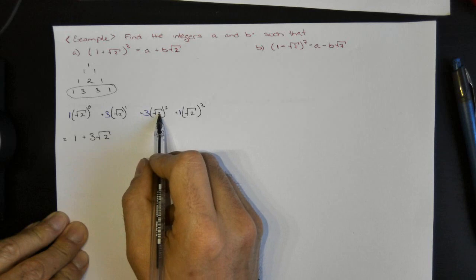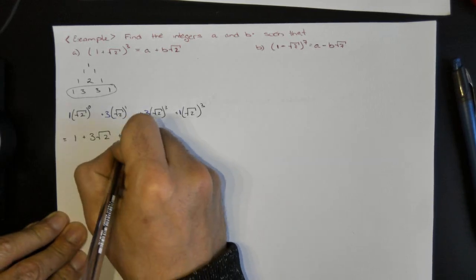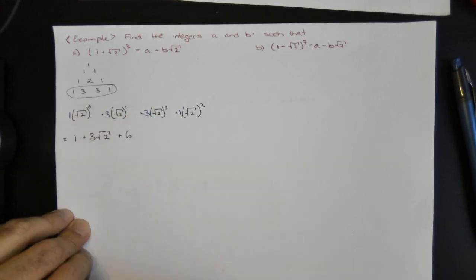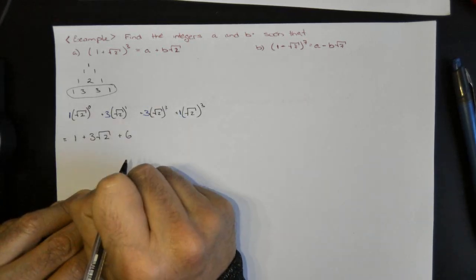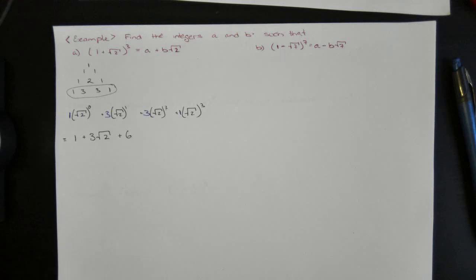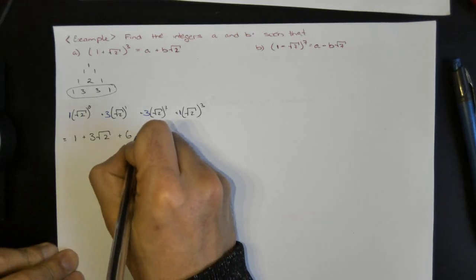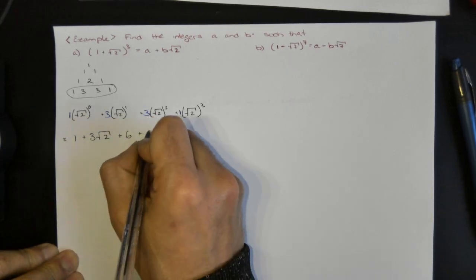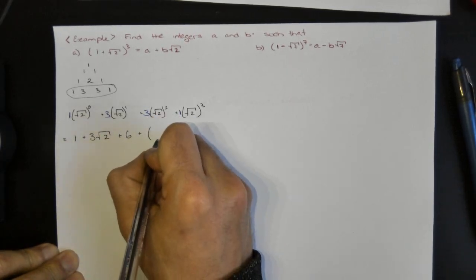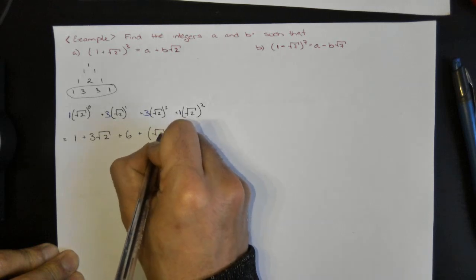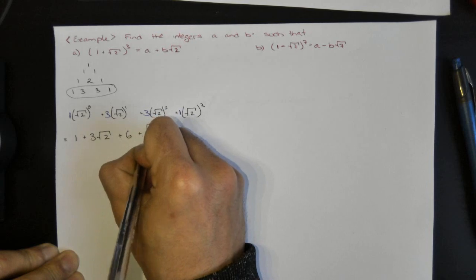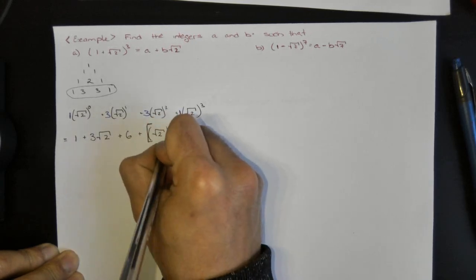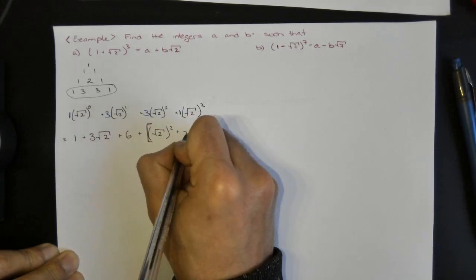So 3 times 2 is 6. Okay, so we've got root 2 to the power of 3, and that's going to be the same, really, as root 2, so the last term is going to be like root 2 squared plus root 2.